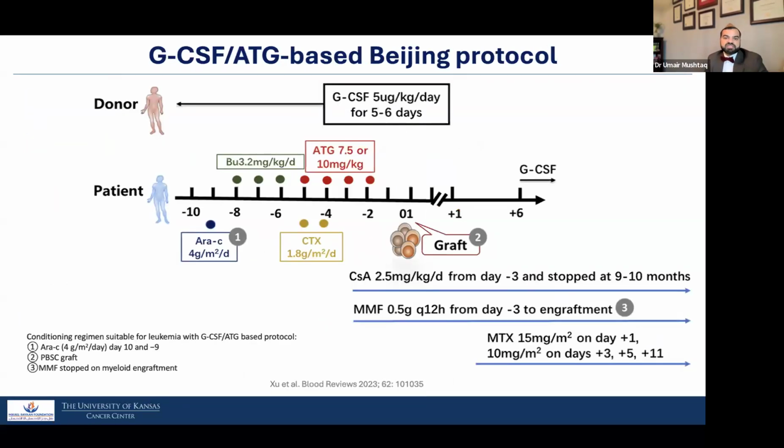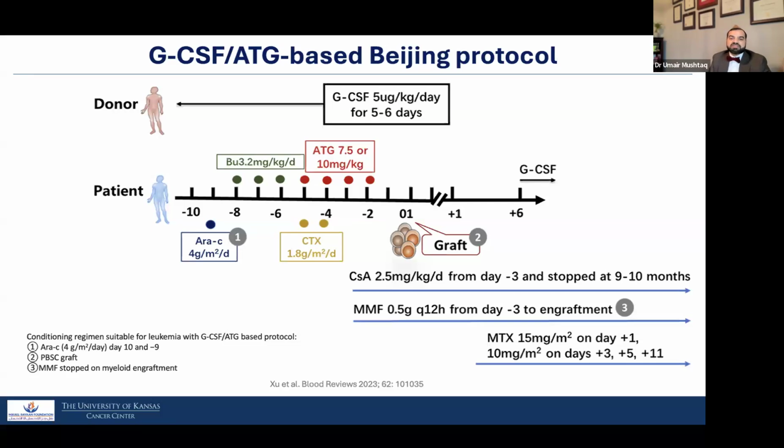So this is the Beijing protocol, as it is commonly known. This is the ATG-based protocol, and this is the backbone of the regimen that they use. ARA-C is a chemotherapy drug, so ARA-C, busulfan and cyclophosphamide-based conditioning is done. With that, you're giving anti-thymocyte globulin that does complete lymphodepletion essentially.